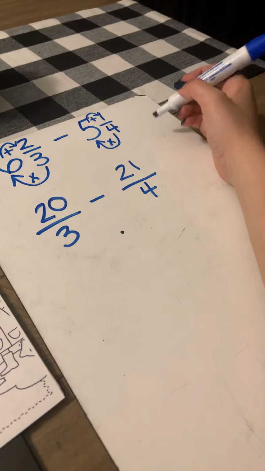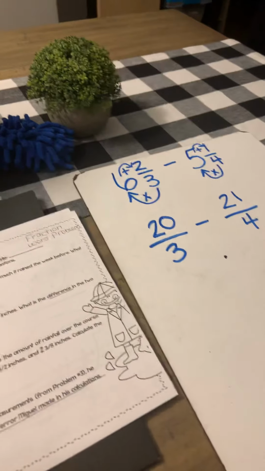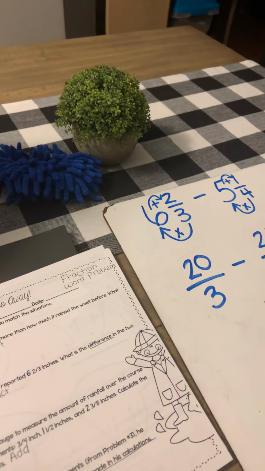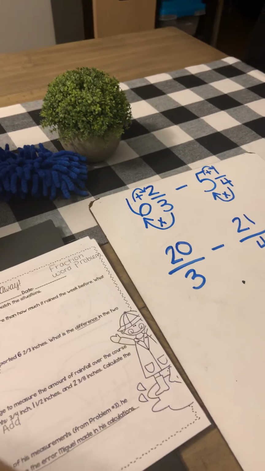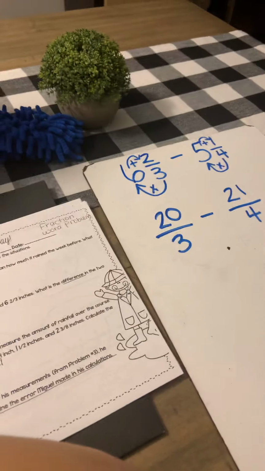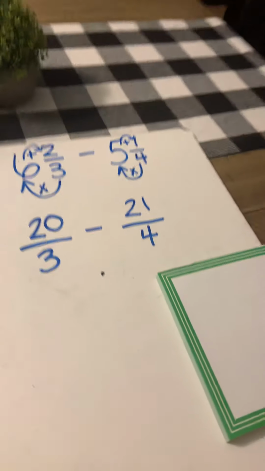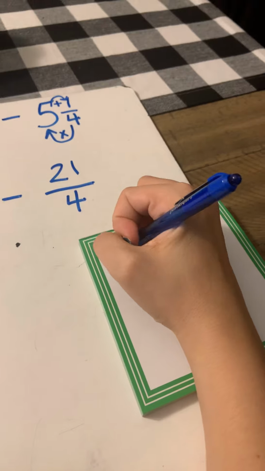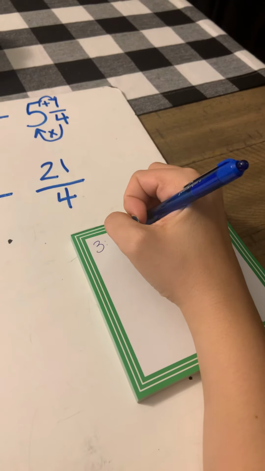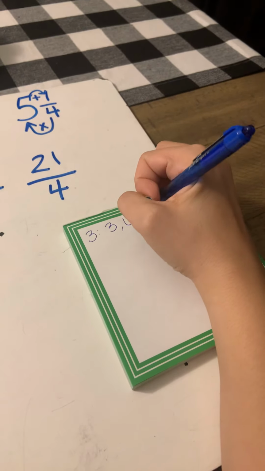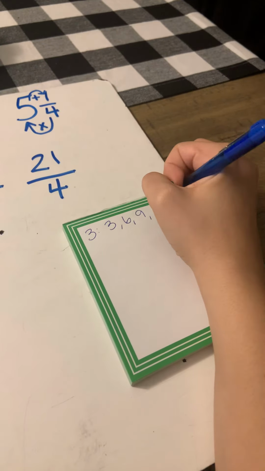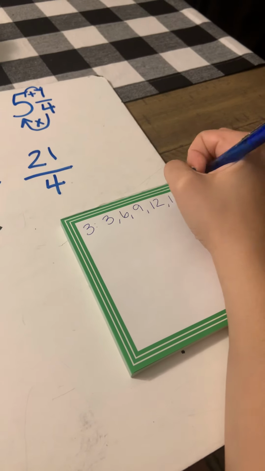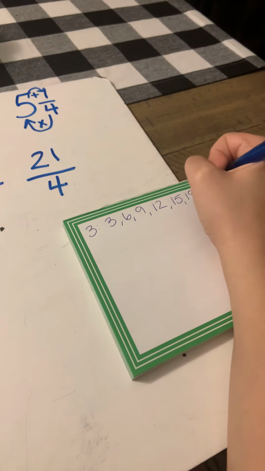You can do that over here. I'm going to get another piece of paper for this side. Let's do our multiples of 3 and 4. Multiples of 3: 3, 6, 9, 12, 15, 18.